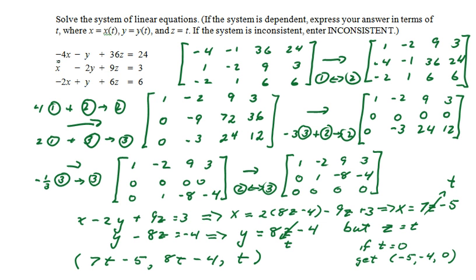It would give us negative 5 plus 8, which is 3. It would give us 10 minus 4, which is 6. And all of those would check out. But our general solution, because there are infinitely many solutions, is this. This is what we report.